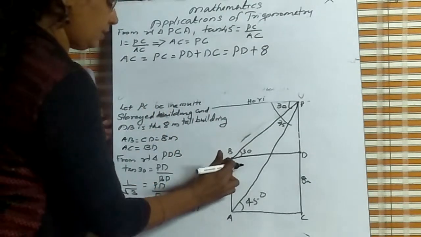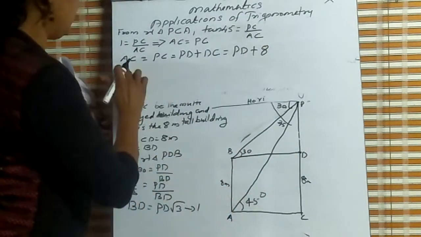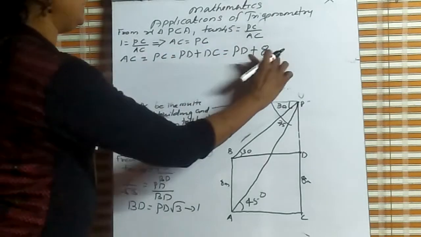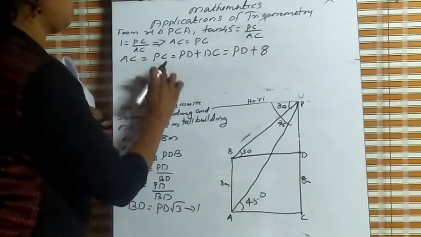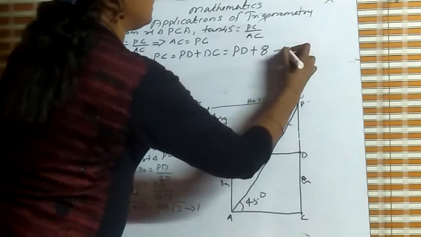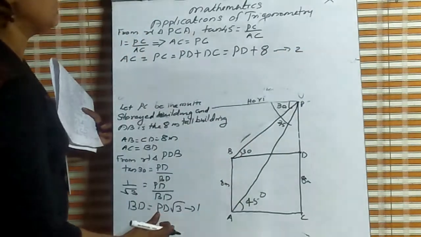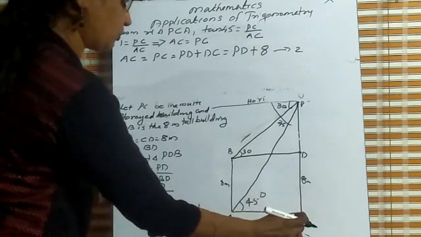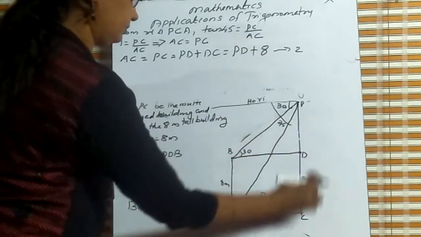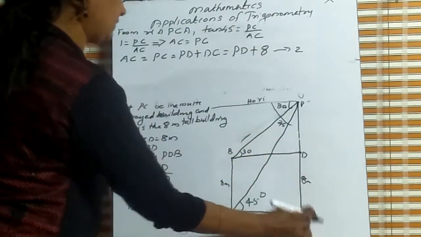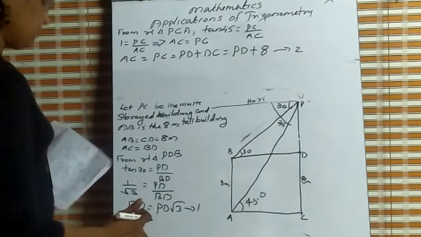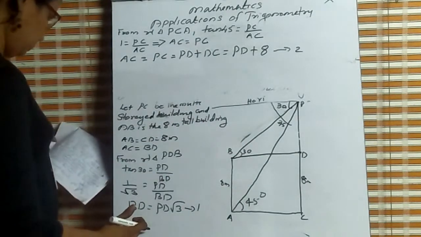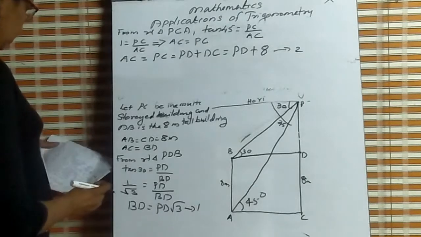So AC is equal to PD plus 8. AC equals PC equals PD plus 8. This is equation 2. And what is equation 1? BD is equal to PD root 3.